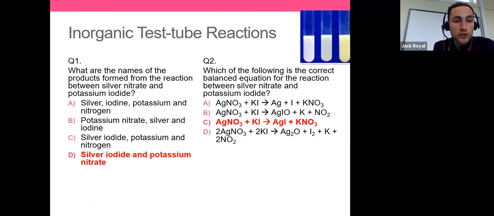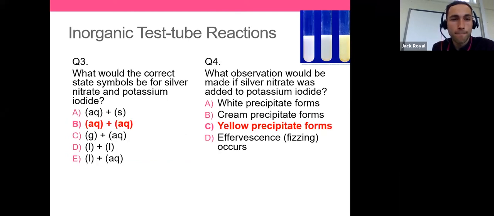So question 1 and 2, you should have had D and C. You can give yourself a tick or a cross if you got it. Question 3 and 4, you should have had B and C. Well done if you got those.